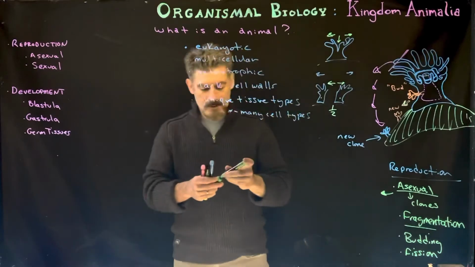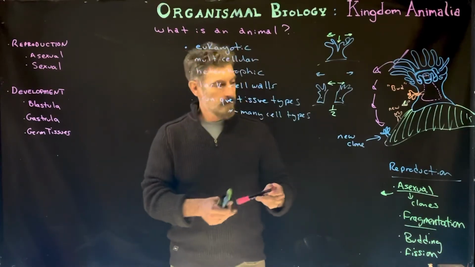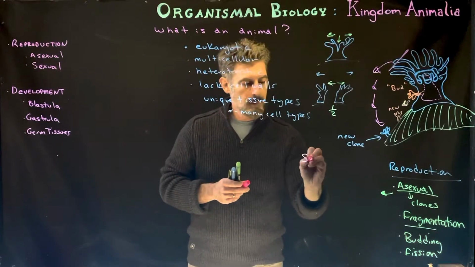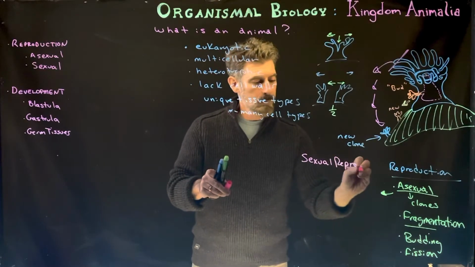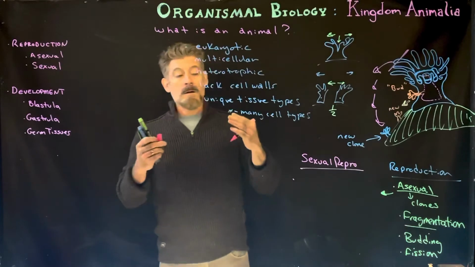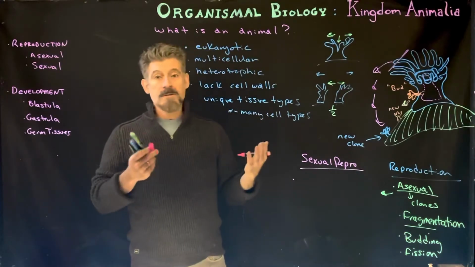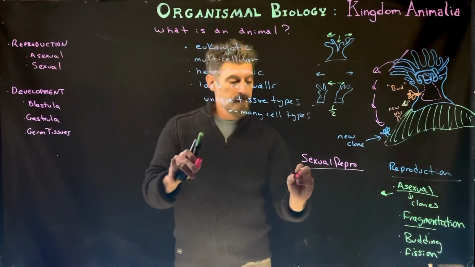So for sexual reproduction in animals, most of the time, they're males and females.